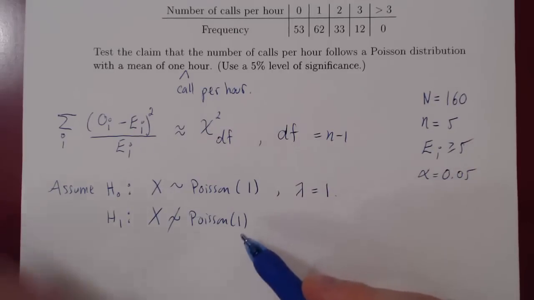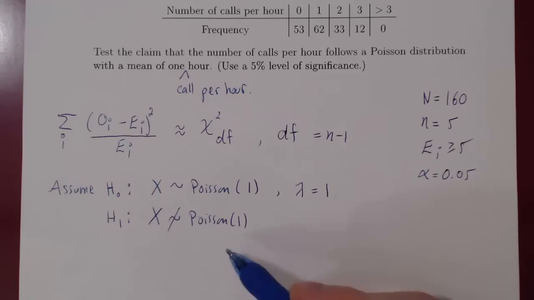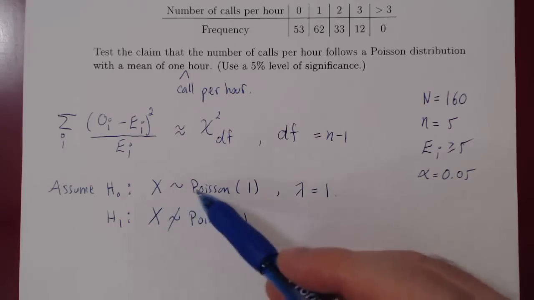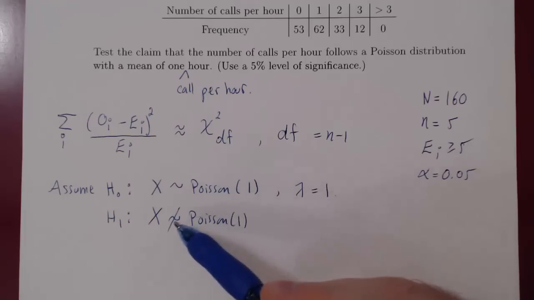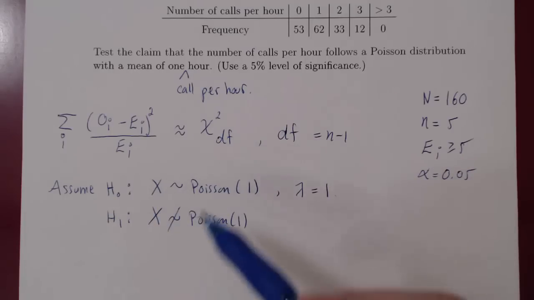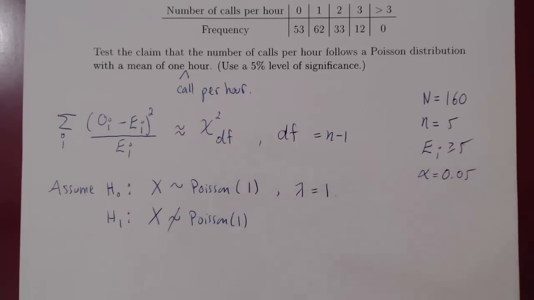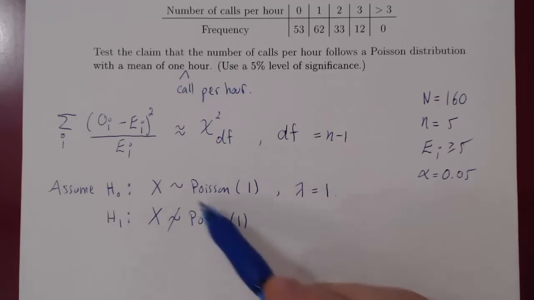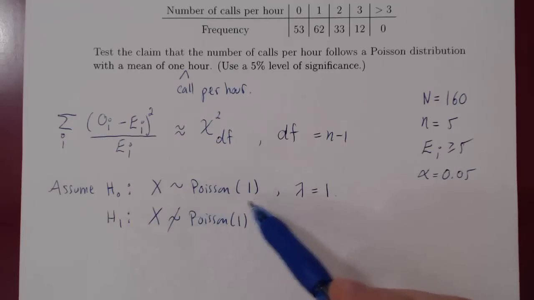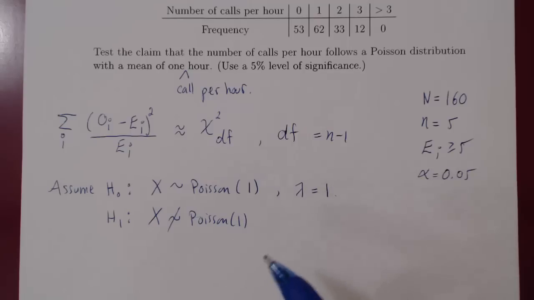And that is h1. Now there could be two reasons why this could be the case. Maybe x does not follow a Poisson distribution, or maybe x does follow a Poisson distribution, but the mean is actually incorrect. So the distribution could be wrong, or the mean could be wrong.